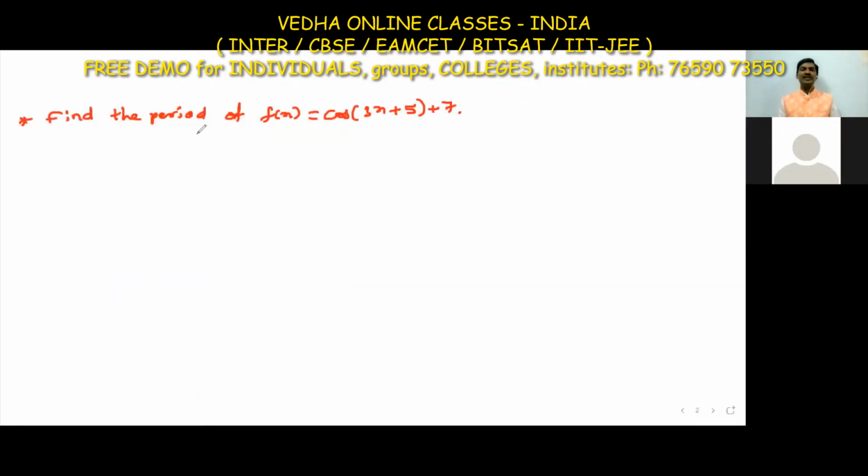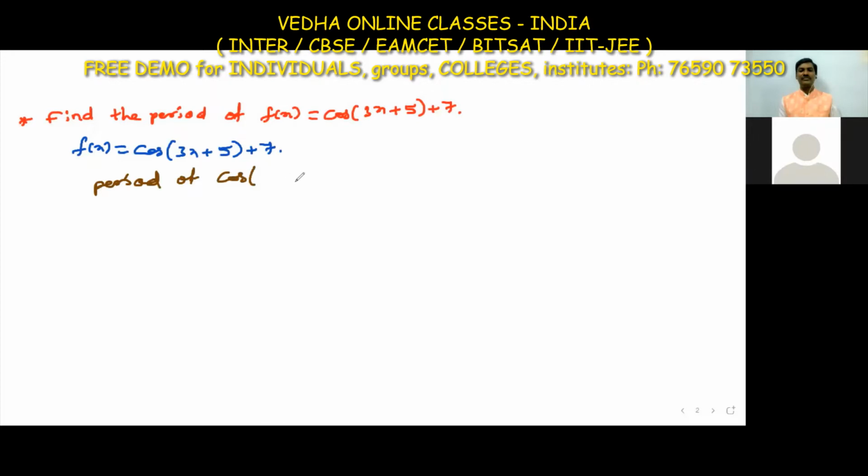Here, find the period of f of x is equal to cos of 3x plus 5, plus 7. What is the given function f of x? F of x is cos of 3x plus 5 plus 7. Now we are finding the period. What is the formula for the period of cos of ax plus b?